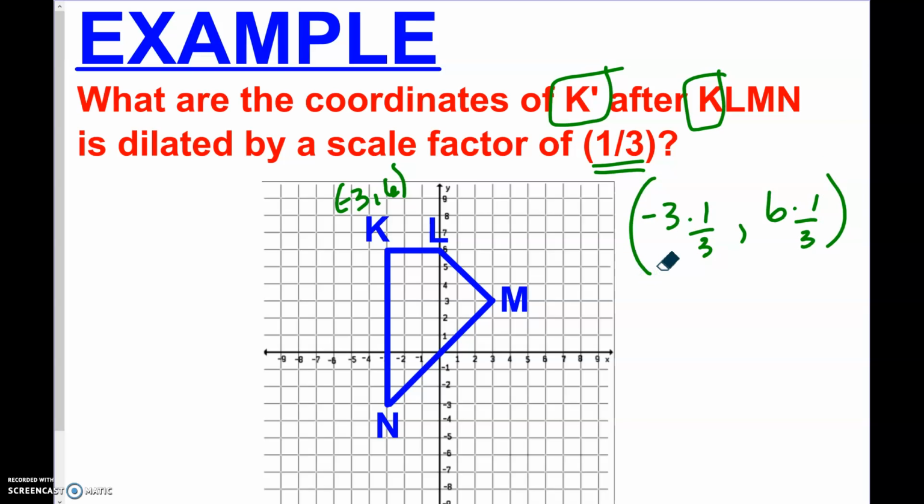And after putting it through that dilation, we find K prime. So what does that become? 3 goes into 3 once, so that's a -1. And 3 goes into 6 twice, so we are at the point (-1, 2). So this is where K prime would be. It is definitely a reduction because we're at 1/3, so that is between 0 and 1.